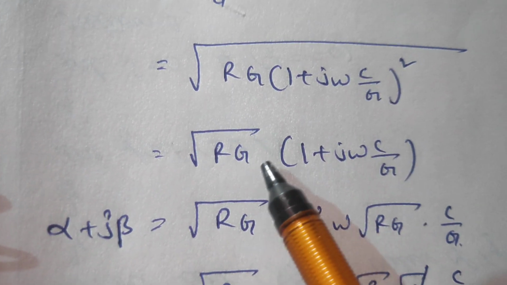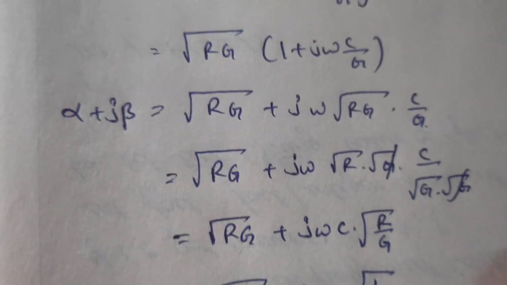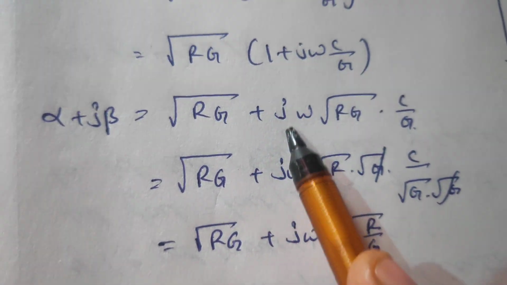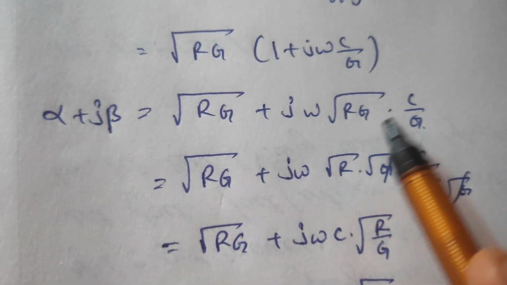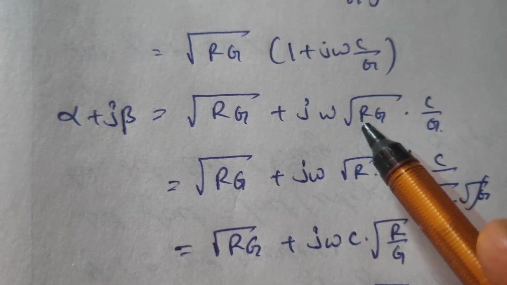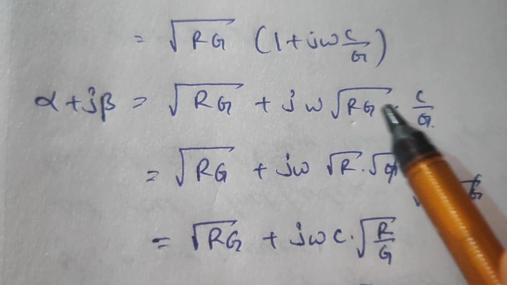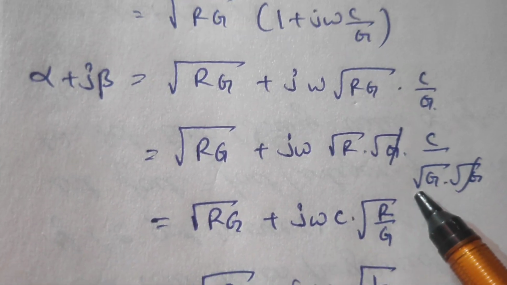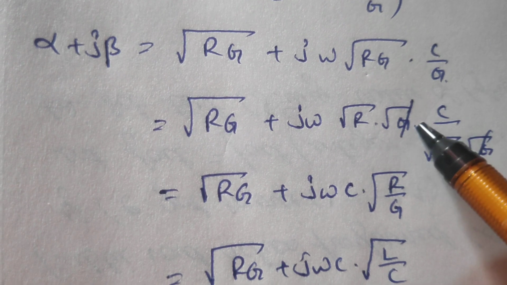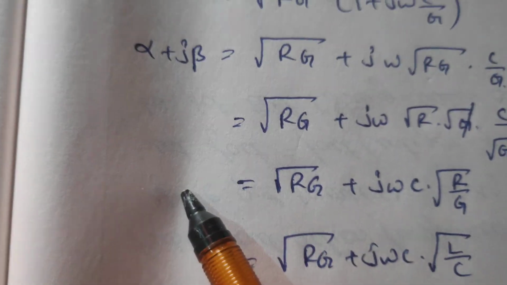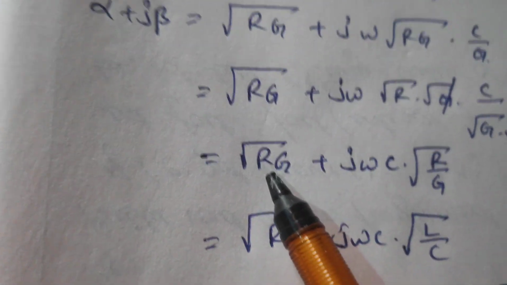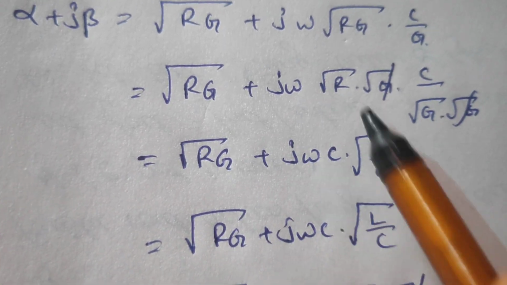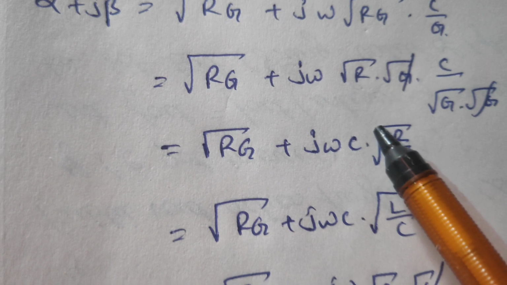Now multiply these terms: under root of RG plus J omega into under root of RG into C by G. I am writing this term as under root of R into under root of G, and C by G as under root of G into under root of G. Cancelling these terms, alpha plus J beta is equal to under root of RG plus J omega C into under root of R by G.